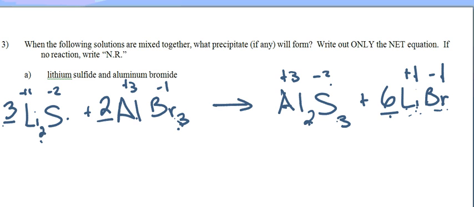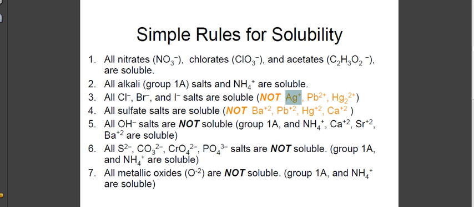All right, now let's find out who forms my precipitate. Aluminum sulfide. Okay, solubility rules. Looking at sulfur, carbonate, chromate, and phosphate, they are not soluble except with group 1A and ammonium.